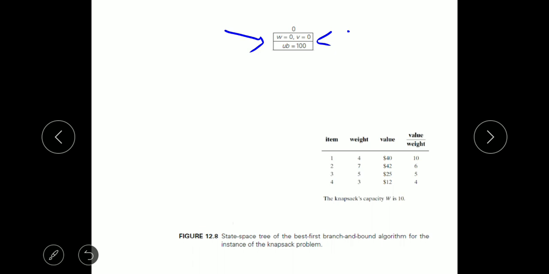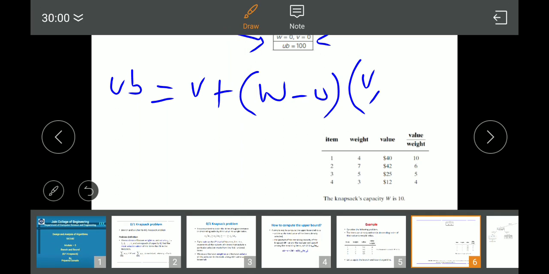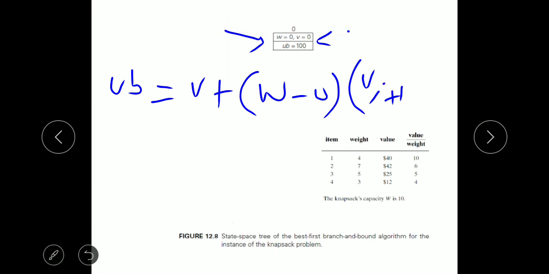And the value of the upper bound computed by the previous formula, that is UB equal to v plus W minus w times v i plus 1 divided by w i plus 1.